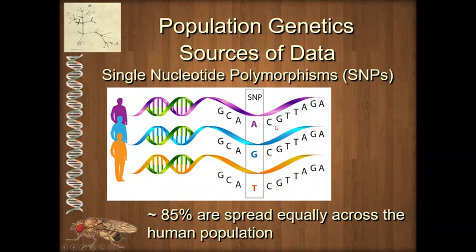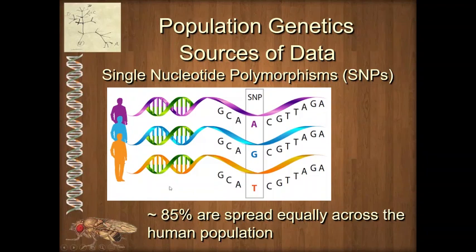And when we look at all of the SNPs that have been sampled and identified across the human population, it turns out that approximately 85% of them are randomly, evenly distributed without respect to geography. So there's really no rhyme or reason. These are probably SNPs that arose fairly anciently and have just been kind of moved and randomly evolving, not good or bad. There's no natural selection force on them. And so they are just in the population generally and kind of spread evenly across all subpopulations.